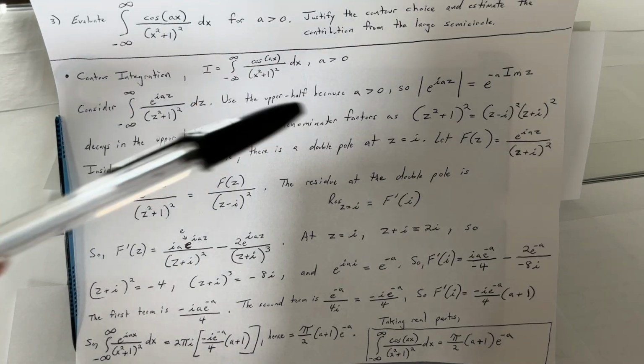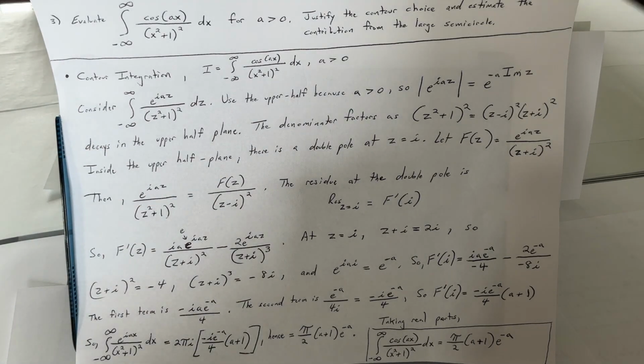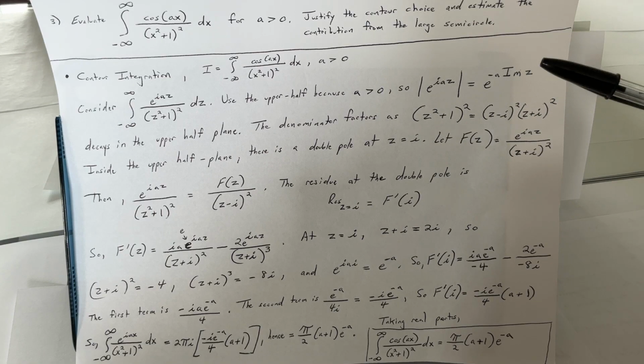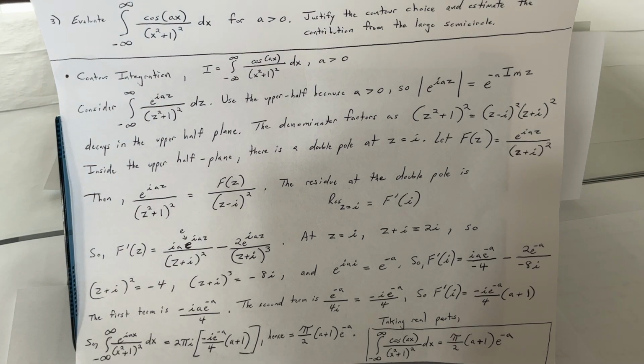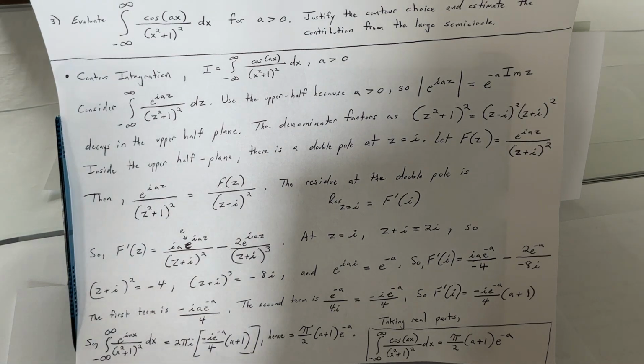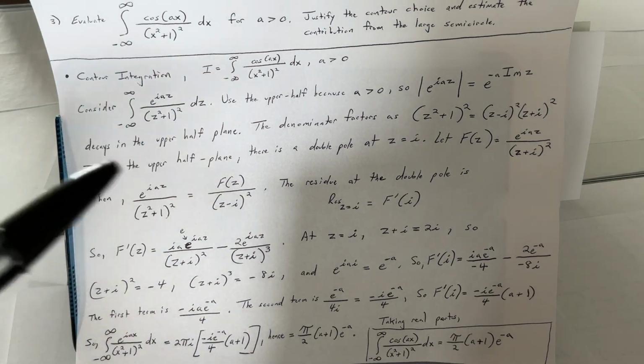Using the upper half plane because a is greater than 0, the absolute value of e to the iaz equals e to the negative a times the imaginary part of z, and that decays in the upper half plane.